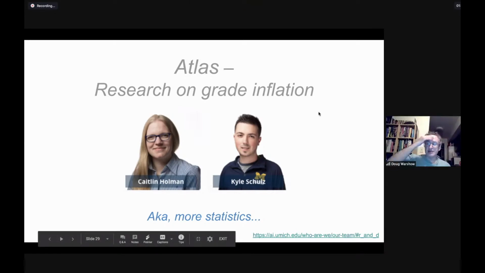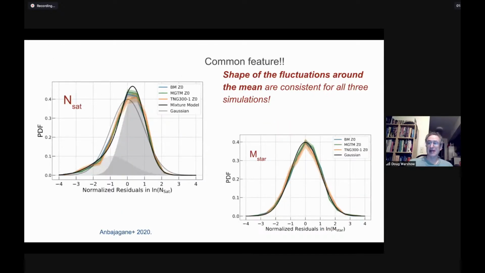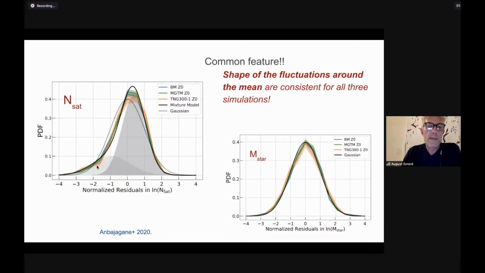The asymmetry in the number of satellites histogram, do you think that's due to the accretion of the satellite galaxies or something else? Yeah, in the paper we actually show that this tail is correlated with the central galaxy. These are satellite galaxies, meaning it excludes the central galaxy in the halo.